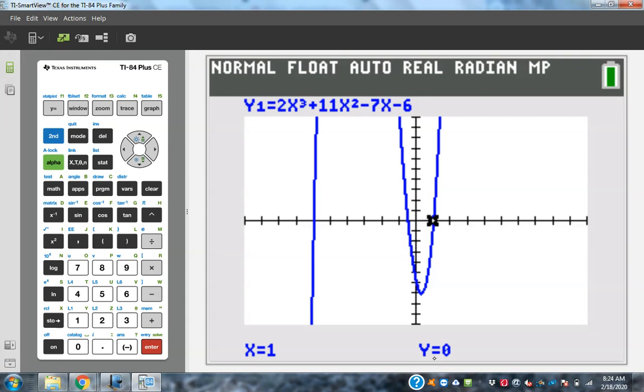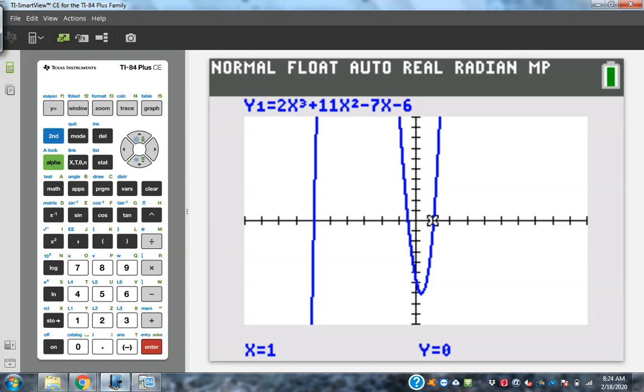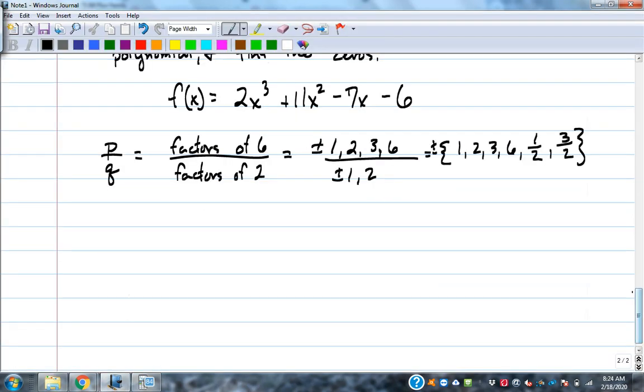So I'm going to do my synthetic division with that part first, with that 1. So I'm setting up synthetic division, putting 1 on the shelf, 2, 11, -7, -6. And I'm just doing synthetic division, breaking that down. So that's a 2.